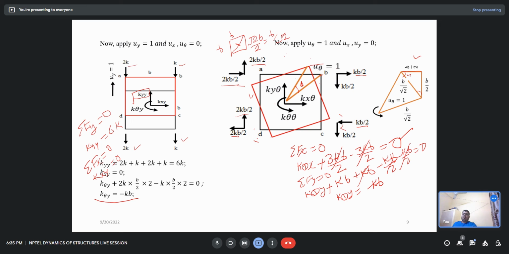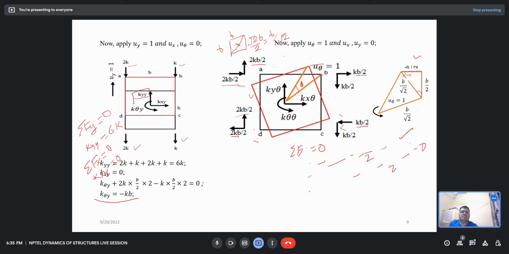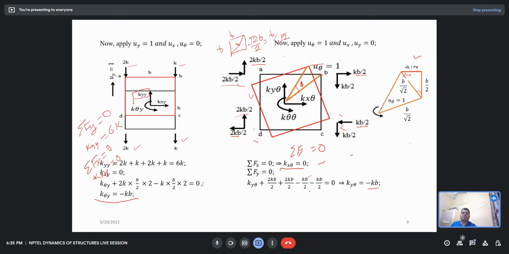Okay, now for k theta you take the moment. So I have found k theta x is equal to 0 and k theta y is minus kb. Now for the k theta you have to take the moment, k theta in the anti-clockwise direction.